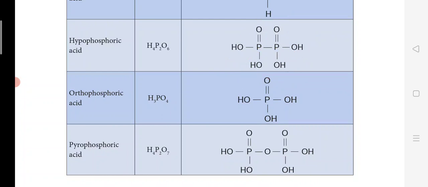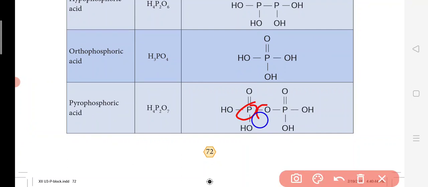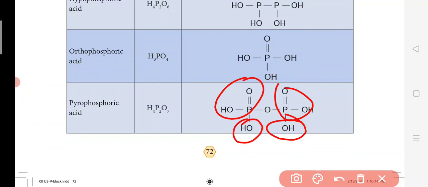Next is orthophosphoric acid H3PO4. Same way put P double bond O, OH, and the remaining as OH and OH. Pyrophosphoric acid alone, you have to remember P-O-P. The bond should be phosphorus, oxygen and phosphorus, so don't forget to put it. Then for each phosphorus you give P double bond OH, and the remaining hydrogen and oxygen as OH here.